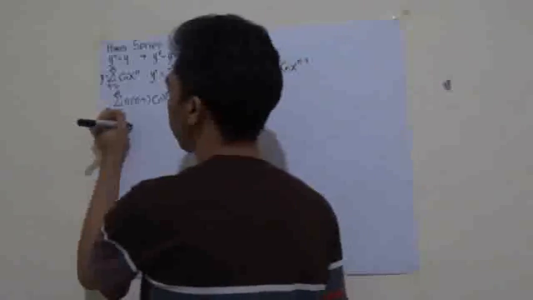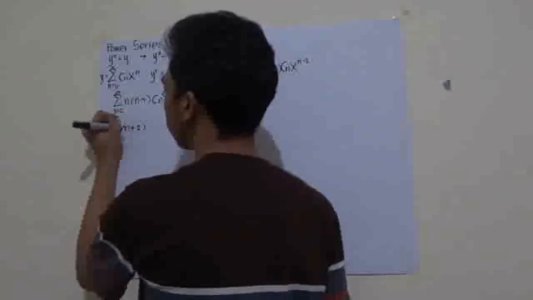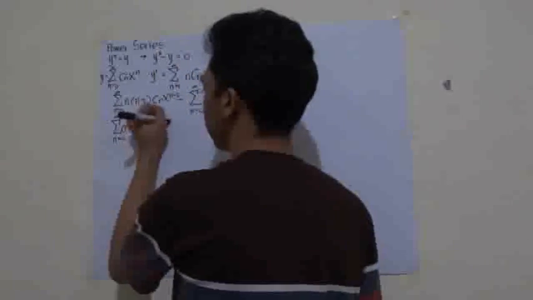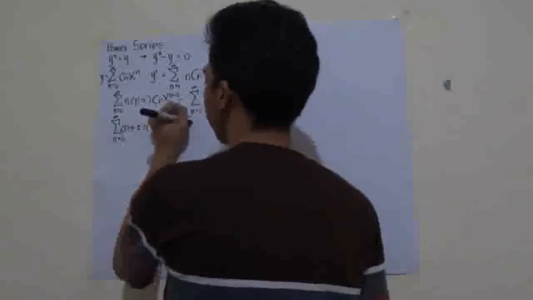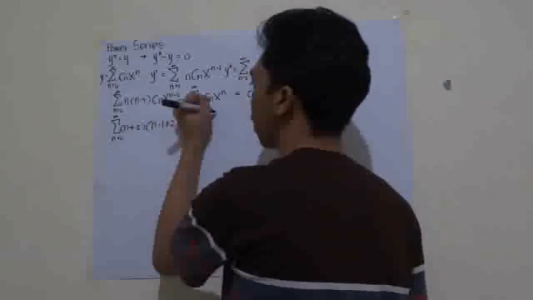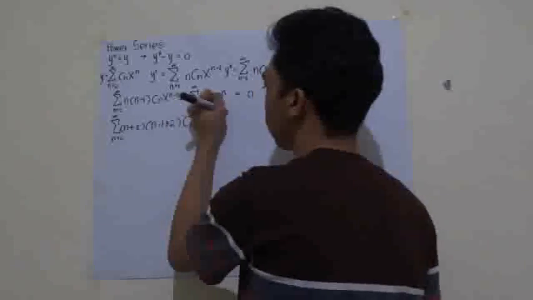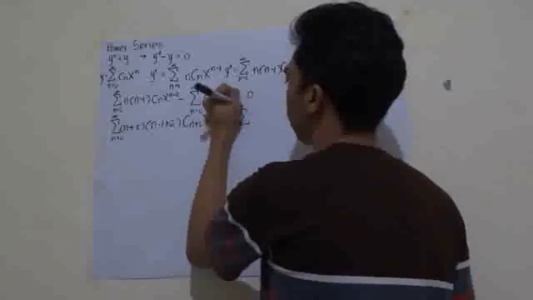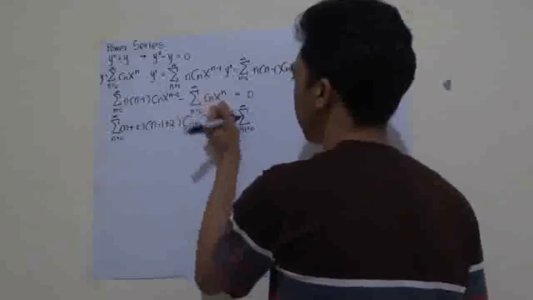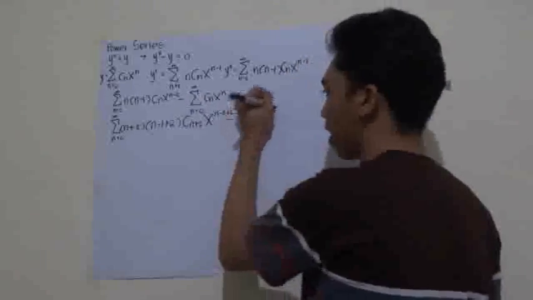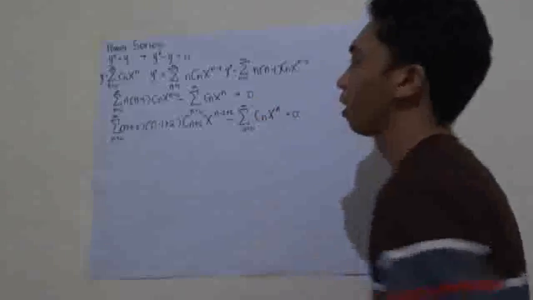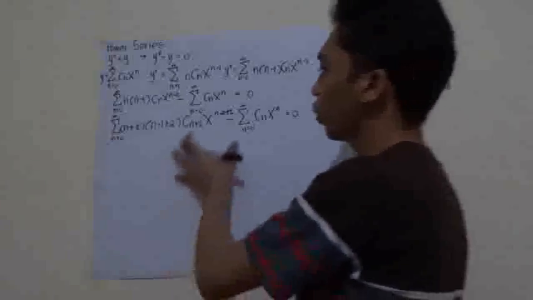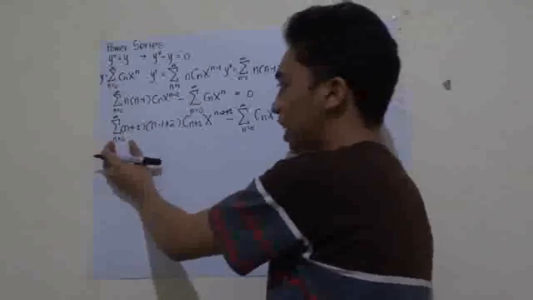So we'll have n plus 2 and n minus 1 plus 2 and c sub n plus 2 and x raised to n minus 2 plus 2, minus the summation of n is equal to 0 to positive infinity of c sub n x raised to n is equal to 0.